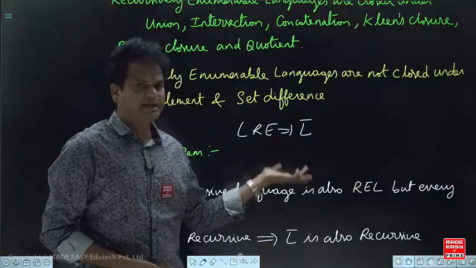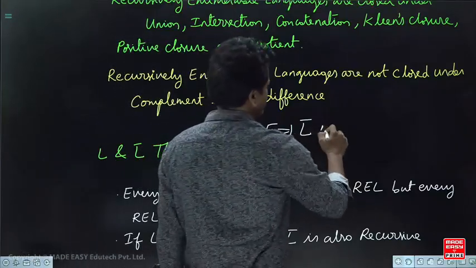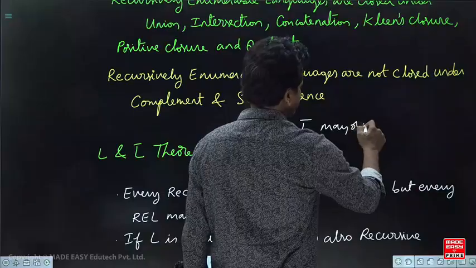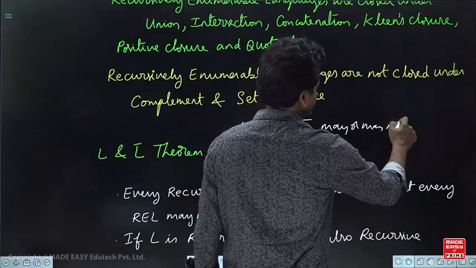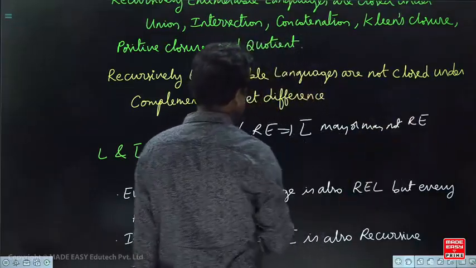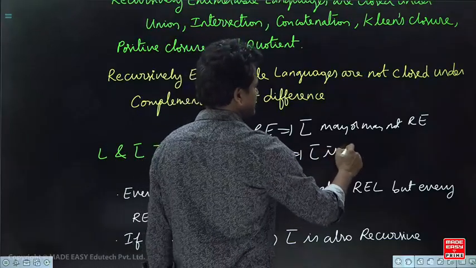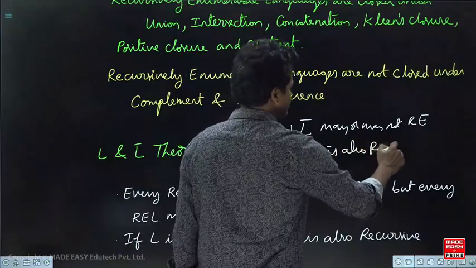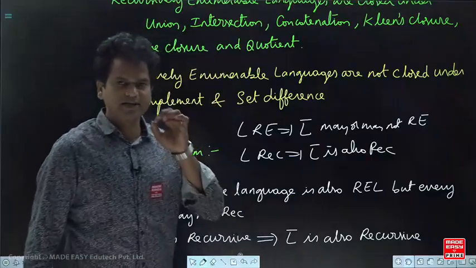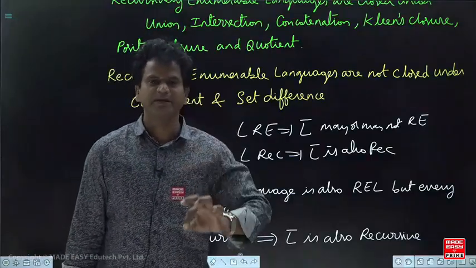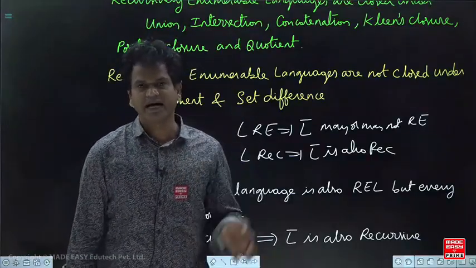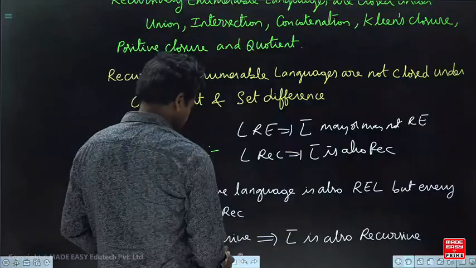It may or may not be RE. At the same time, if L is REC, then 100% L bar is also REC. Do you understand? So if a language is RE, its complement may or may not be RE. If a language is REC, its complement is also REC.